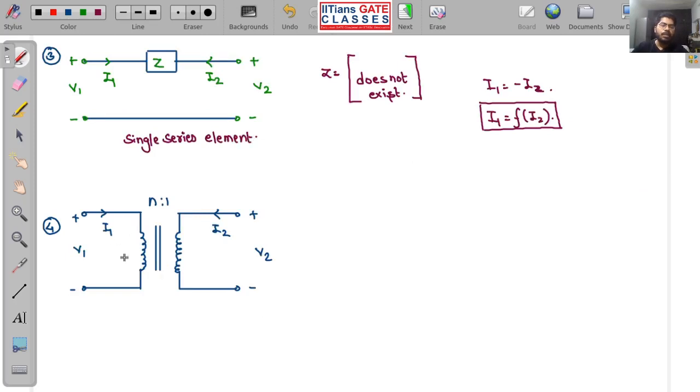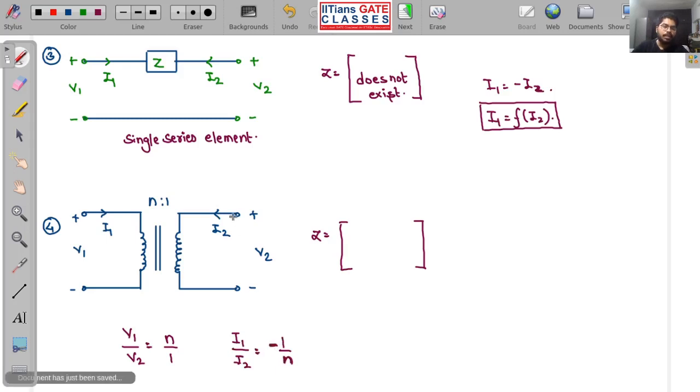Now what about the Z parameter for this circuit? So you know, in a transformer V1 by V2 is equal to N by 1, and I1 by I2 is equal to minus 1 by N. Now note, why minus? Look at the sign of this current.